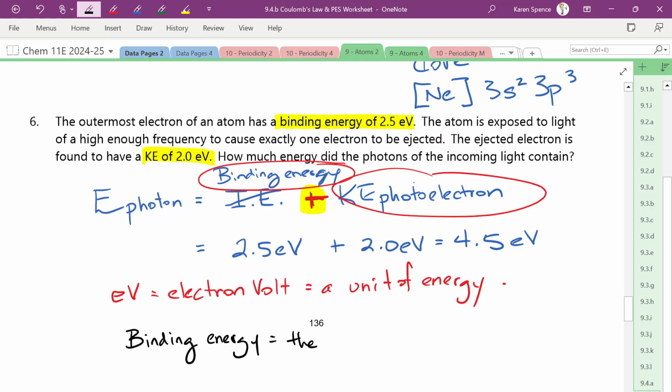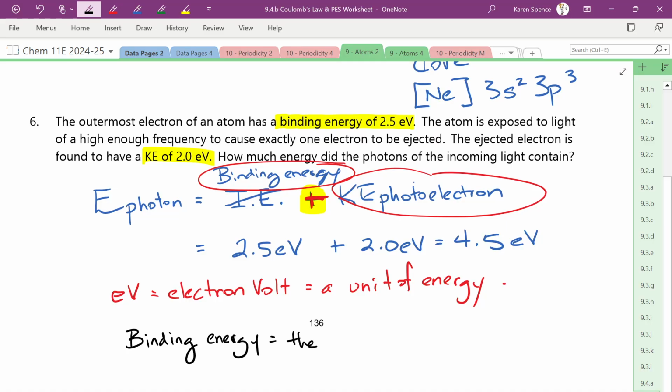Now, the reason I think they're using binding energy rather than ionization energy is because ionization energy is the energy required to remove a valence electron from a gaseous neutral atom. So it is like ionization energy, but it is not ionization energy because you're not just removing the outer one.